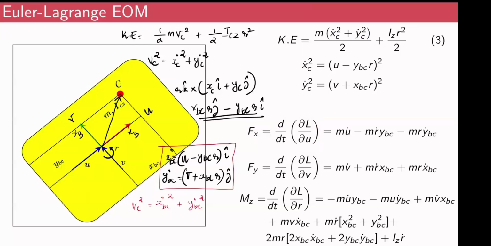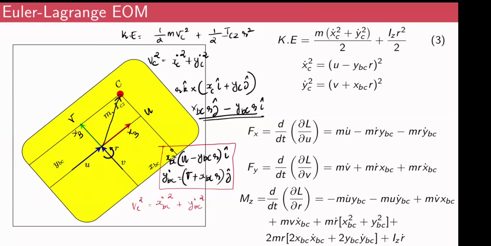And the net force along the y-axis is m v dot plus m r dot xbc plus m r xbc dot. And the moment about the z-axis. The two relevant forces and the one relevant moment can be derived as such.